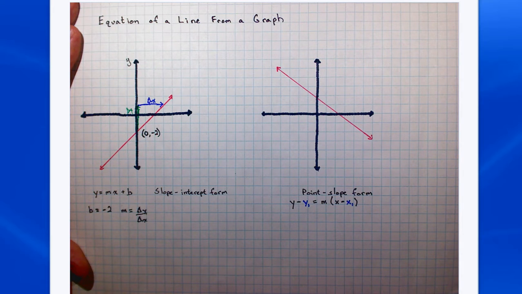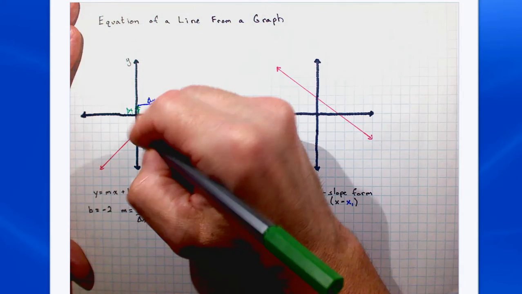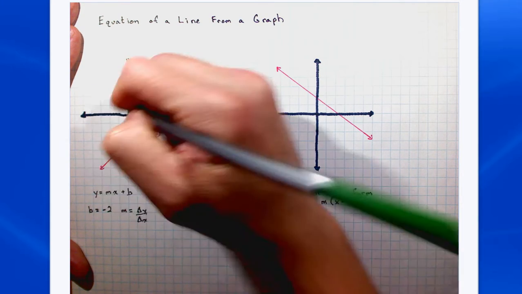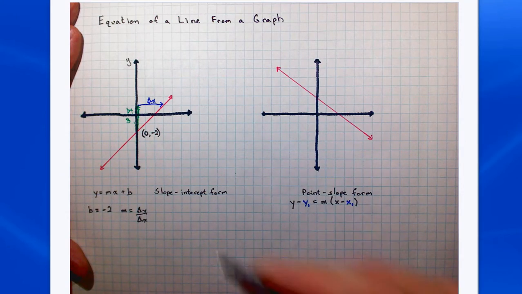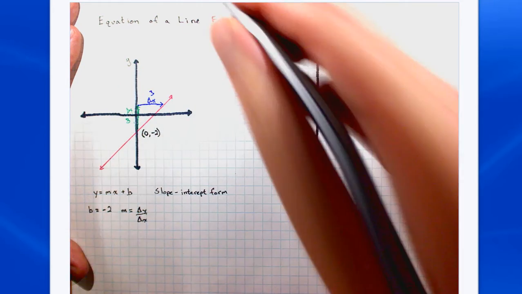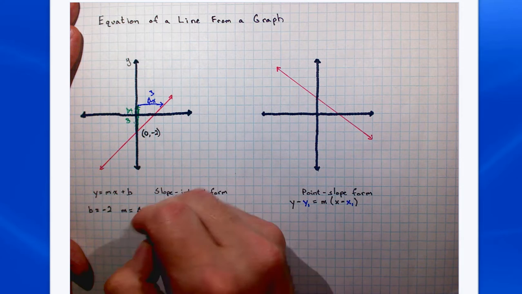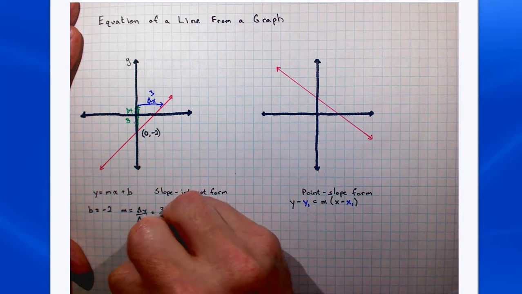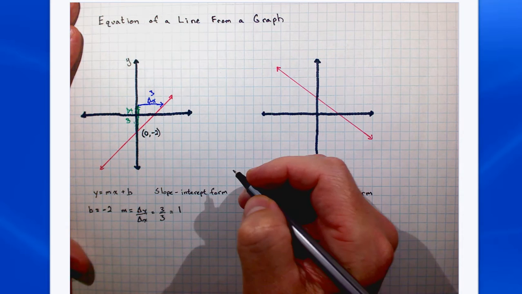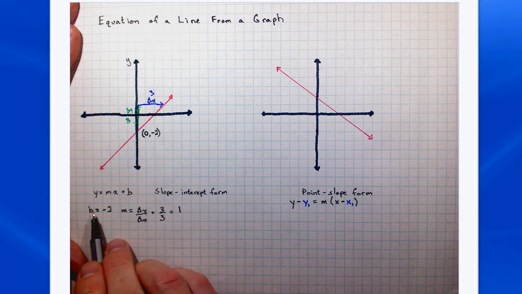So my change in y's, let's see, that was 1, 2, 3. So that was 3. And what was my change in x? Let's see, 1, 2, 3. That was 3 also. So my slope is 3 over 3. Well, what's 3 divided by 3? 1.